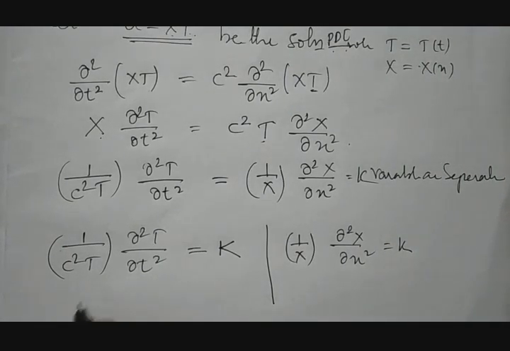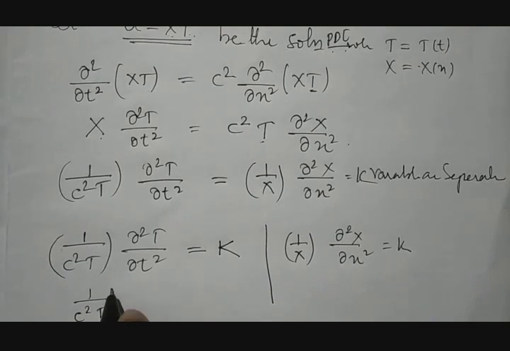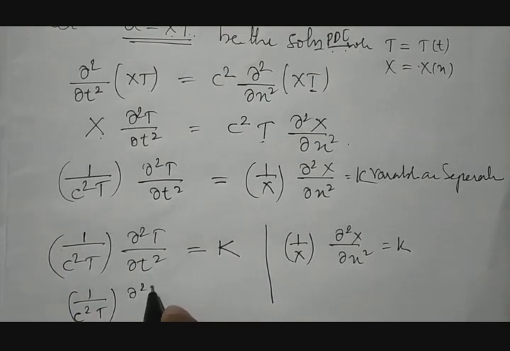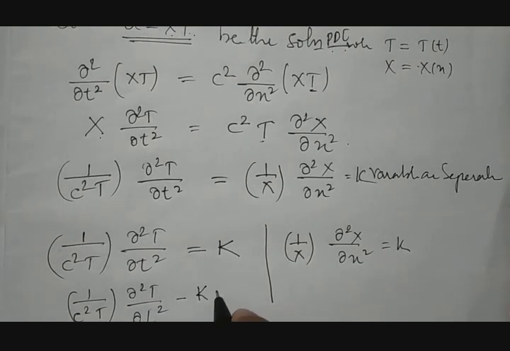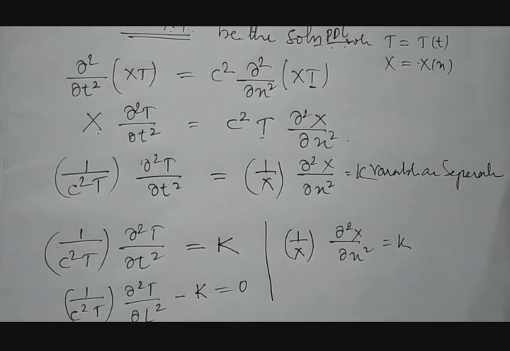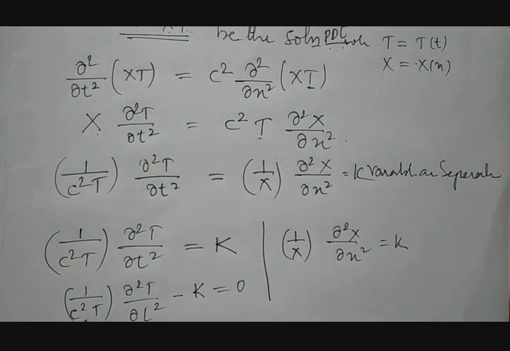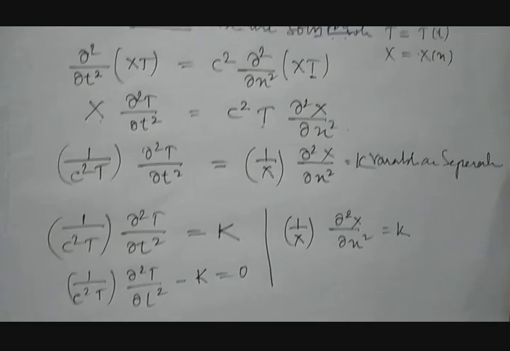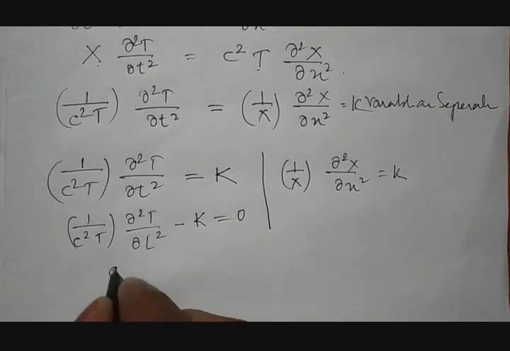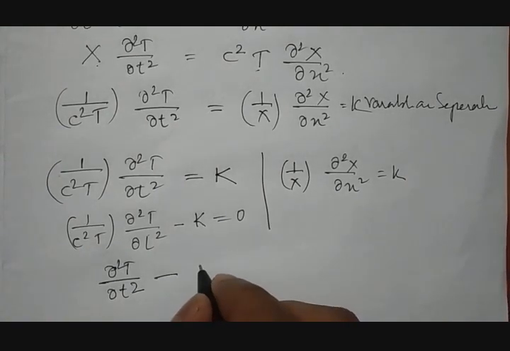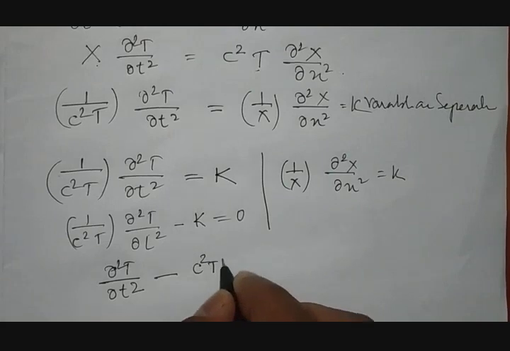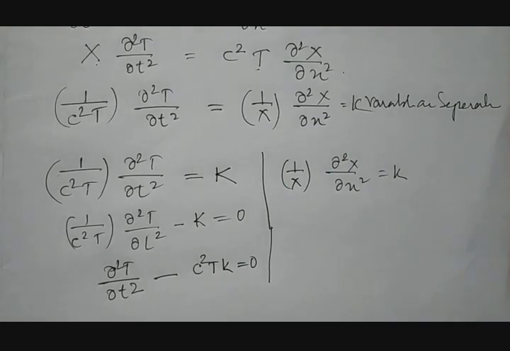Since 1/(c²T) ∂²T/∂t² − k = 0, if we want to avoid this term, multiply throughout. Then we get ∂²T/∂t² − c²T k = 0.